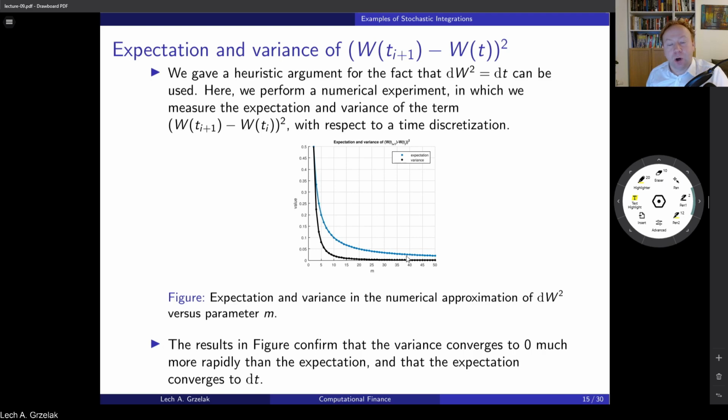The expectation goes to 0 much slower than the variance. The variance converges much faster. You see at 25, the variance is literally 0, and the expectation is still high. So this is the interpretation, and having this figure in mind explains why the expectation and the variance go to 0 at different speeds. This is something worth keeping in mind.